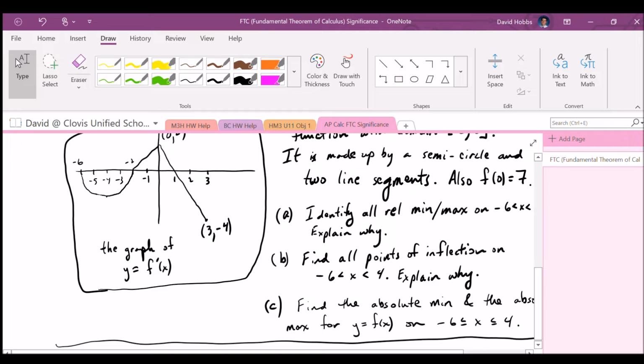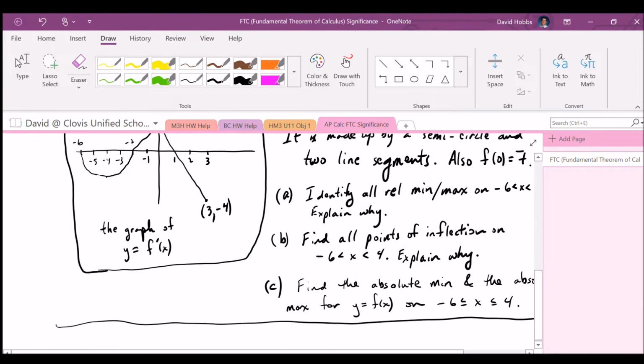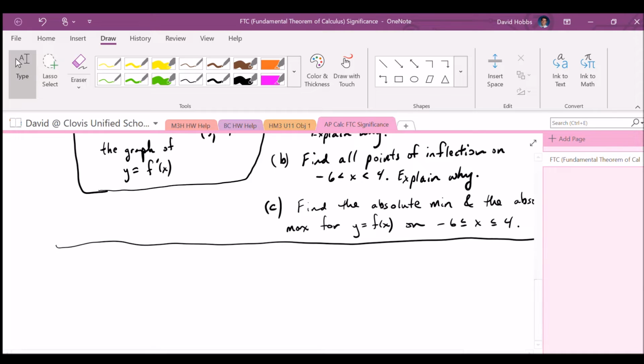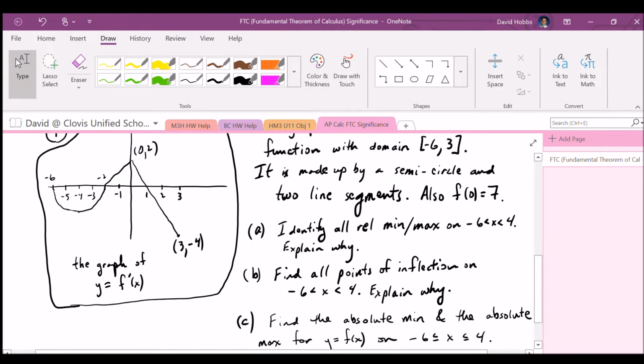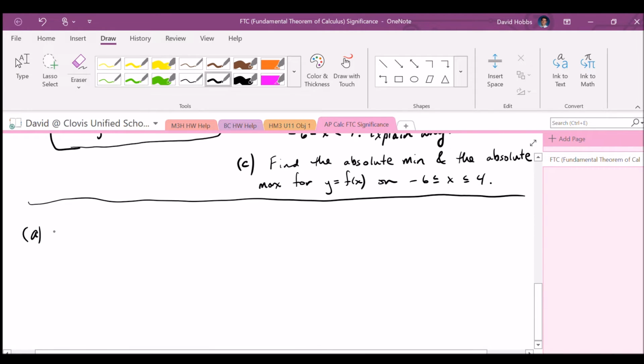Okay, so part A. Now, the fact that they've given us a graph of the derivative, I like to get it into number line form myself. I think it's a lot easier to see. Where is f prime equal to 0 on the open interval from -6 to 3? Well, it's equal to 0 at -2 and also at 1. So number line, make sure you label it f prime.